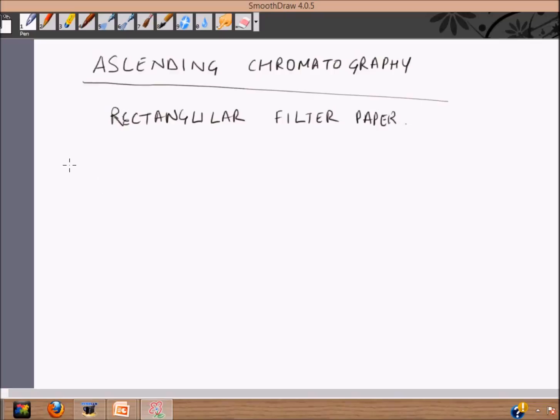Let's take an experiment and understand this ascending chromatography, which is a part of paper chromatography. Let's prepare a diagram.